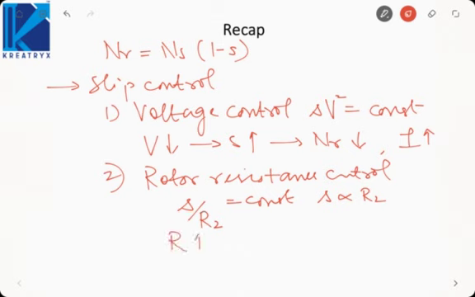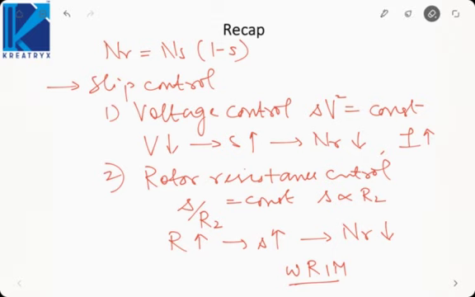So as resistance increases, slip will increase, due to which rotor speed will decrease. This can also be used for below rated speed, but it was only applicable for wound rotor induction motor because we can only connect external resistance at the slip ring terminals in case of wound rotor induction motor. No such facility is provided in case of squirrel cage induction motor.